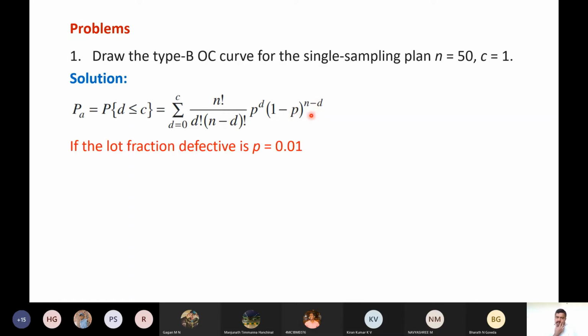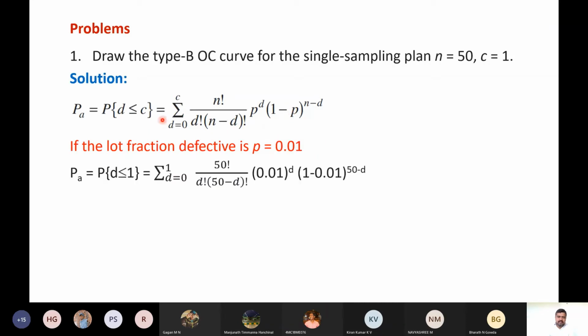First I will consider the lot fraction defective value as 0.01, that is 1% defective. These values we should consider ourselves; they are not given in the problem. If the lot fraction defective p is 0.01, then using this equation we can find the probability of acceptance PA, the probability of getting number of defectives less than or equal to 1.